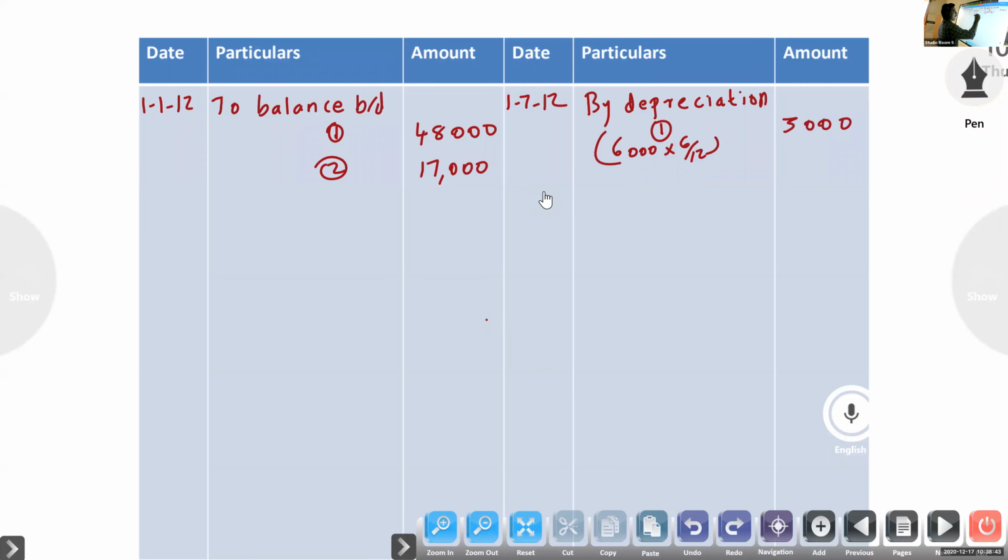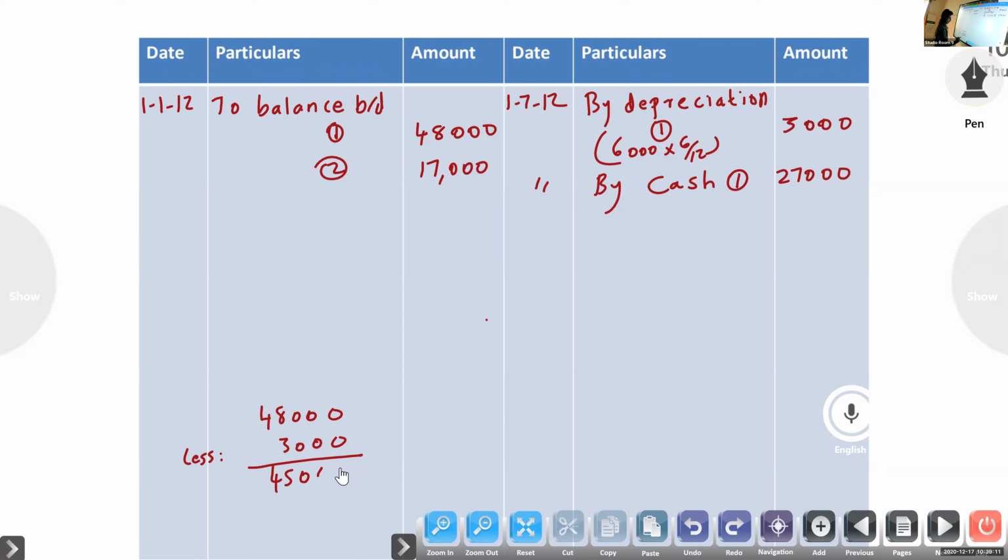Now by cash, machinery 1 sold for rupees 27,000. Then if it is a sale, you have to find profit or loss: balance of sold machinery less that machinery depreciation, 45,000. Sold for rupees 27,000. This is current value.